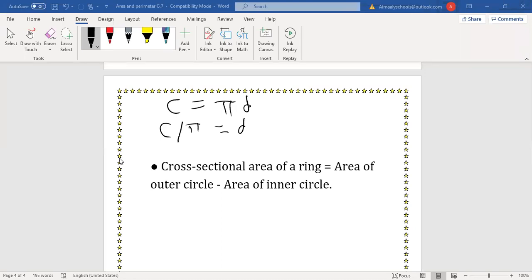So your homework again: page 114, page 115, questions 5 and 6 in 116.